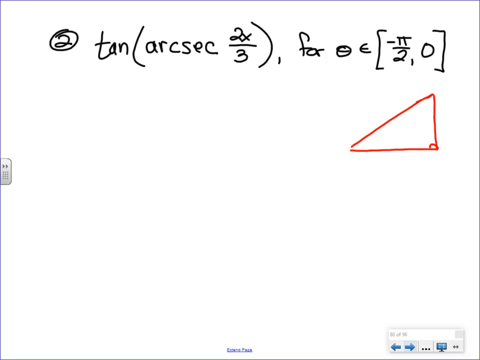What sides did you guys label? Nice. Because our secant, this should have been the hypotenuse, right? Because it's take cosine and flip it.